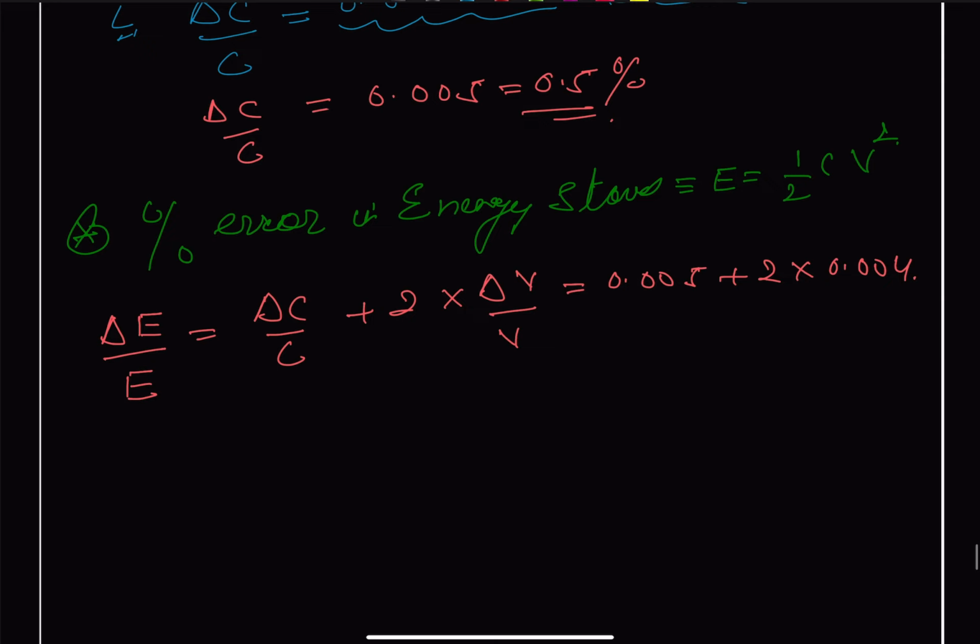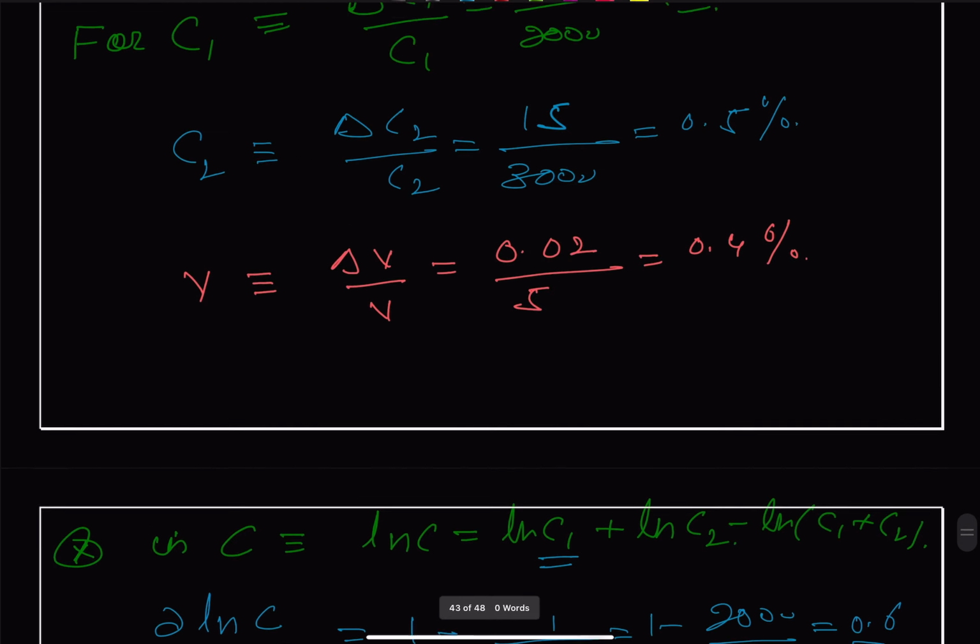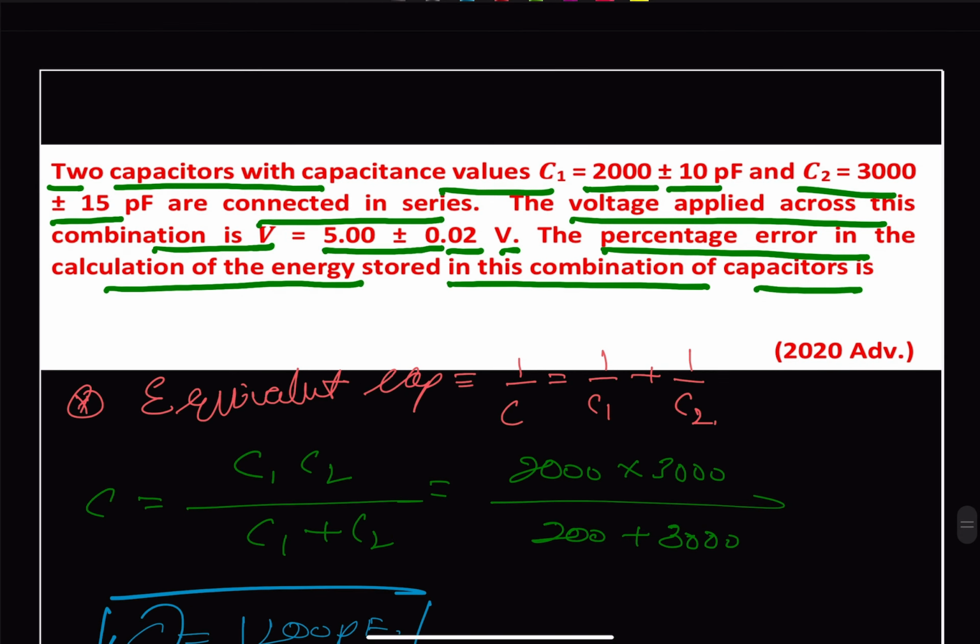So we get this is equal to 0.013, which is giving us 1.3%. So it is coming as 1.3%.